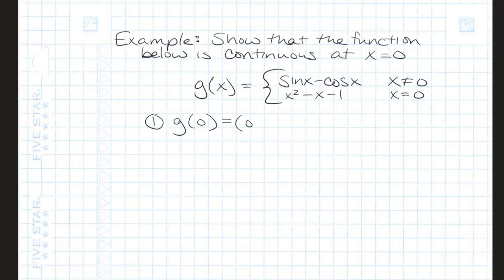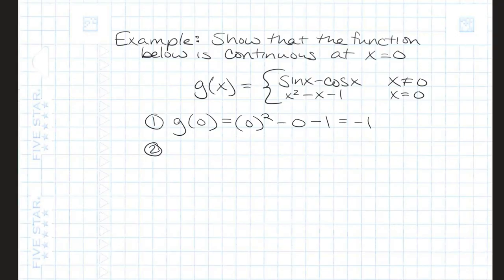Bottom, because that's where it says it's defined for 0. So this is going to be 0 squared minus 0 minus 1. Well, that's 0 minus 0 minus 1. What do I get? Negative 1. Great. We're done with the first step. We have shown that g of 0 exists. We got an answer. We got negative 1. Doesn't matter what it is as long as we can get an answer.